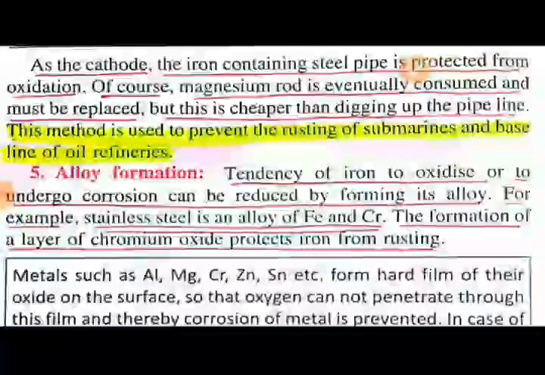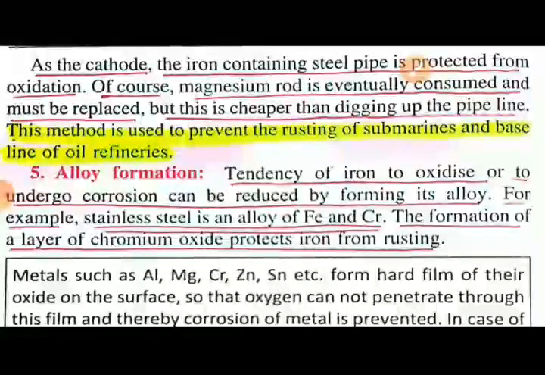As the cathode, the iron-containing steel pipe is protected from oxidation. Of course, the magnesium rod is eventually consumed and must be replaced, but this is cheaper than digging up the pipeline.